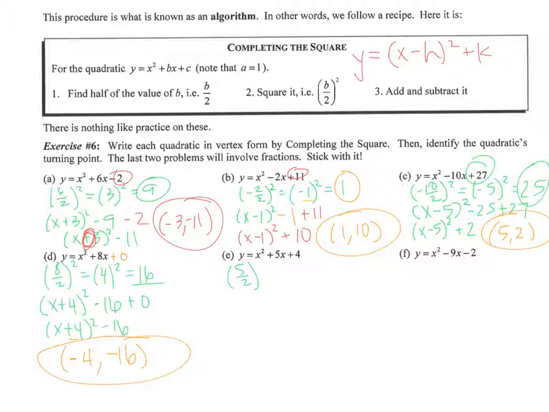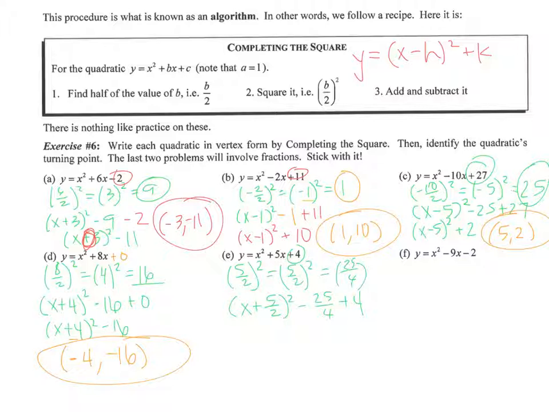5 over 2 squared becomes 5 over 2, right? Which is the same thing as 25 over 4. So our perfect square binomial is x plus 5 halves squared. We need to subtract our c, so minus 25 over 4, but we have our plus 4 we started with.